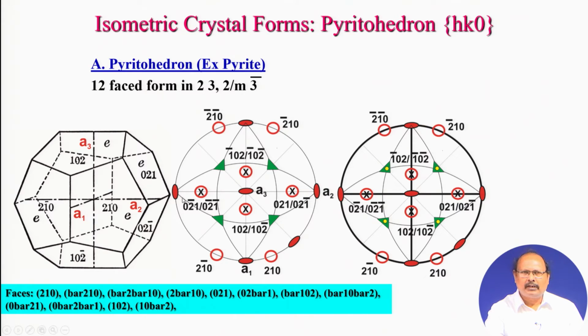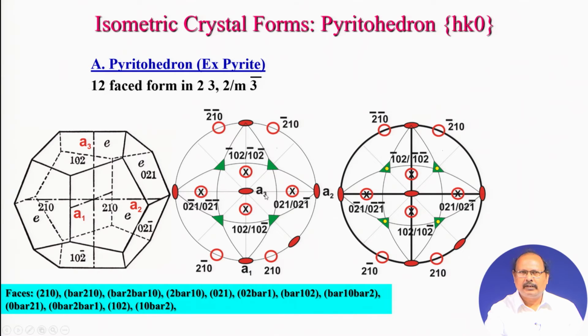Now, what does it mean here? How many total crystal faces are generated with this starting symbol 2 1 0? There are 12 in number. The 4 are vertical and there are 8 inclined, and 4 inclined faces intersect the positive direction of the A3 axis, which is shown by these 4 circles here, and there are 4 inclined faces which intersect the negative direction of the A3 axis.